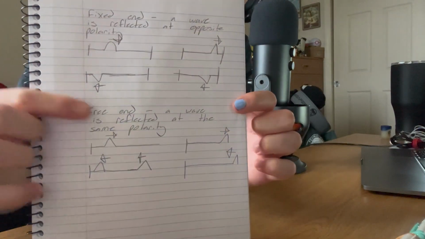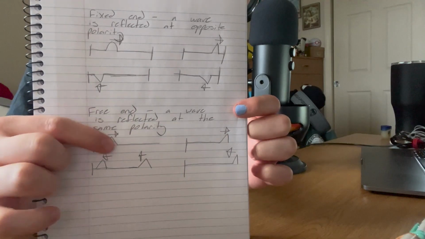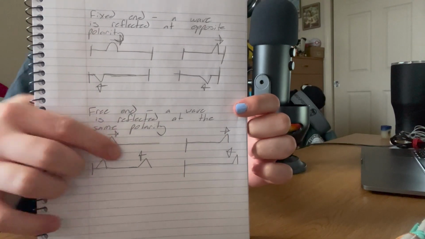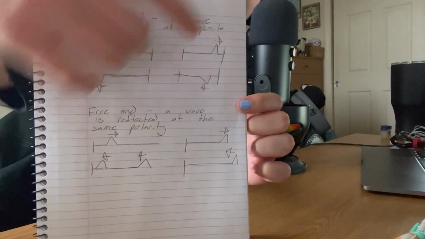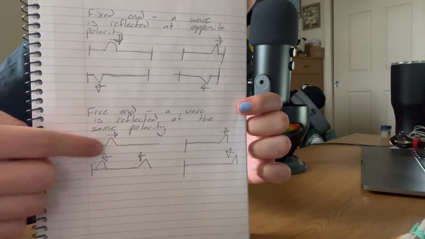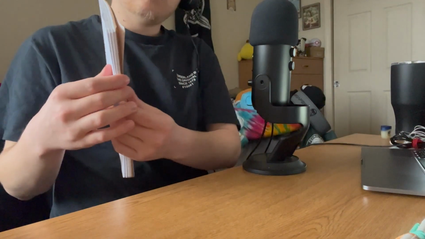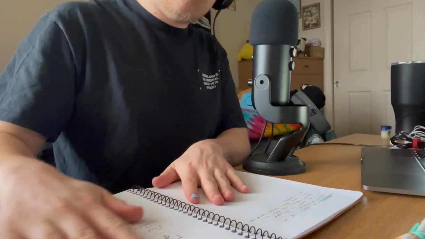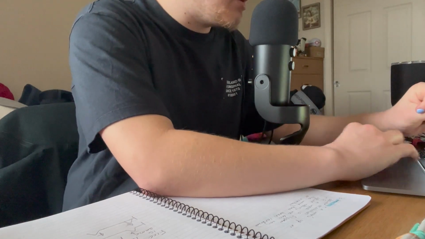Versus a free end does not have an end on this side. You strike it, creates an attack, it will move down to the end of the string, and when it gets down here, it will just return the same attack to this end of the string. And that is a fixed end and free end polarity.